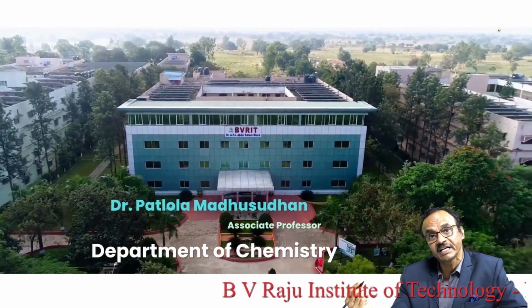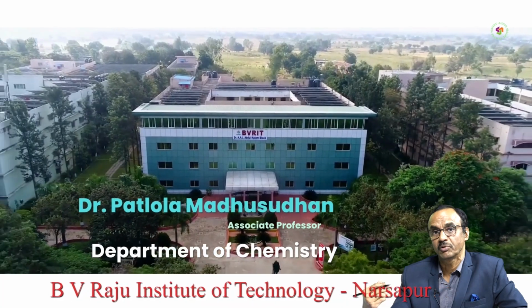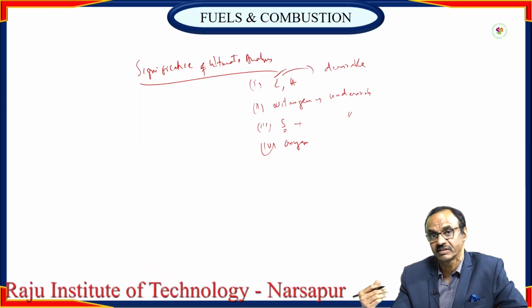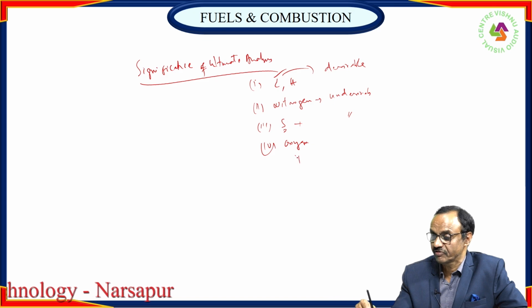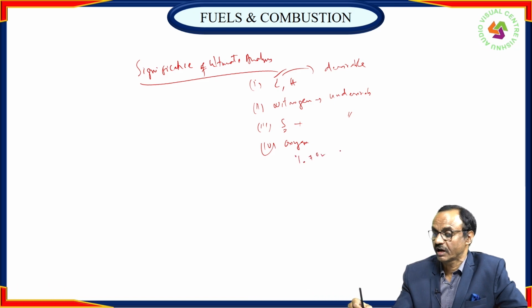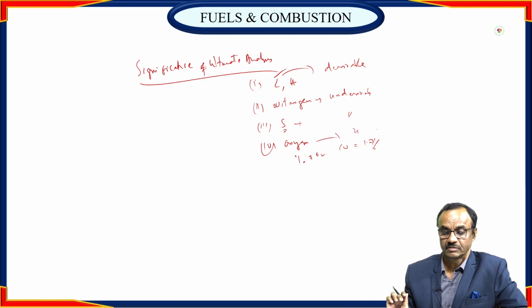Where does it get the heat energy from? During combustion it utilizes the heat energy liberated. So the effective calorific value decreases. A 1% increase of oxygen decreases the effective calorific value by 1.7%. So its presence is also undesirable. With this, I conclude.